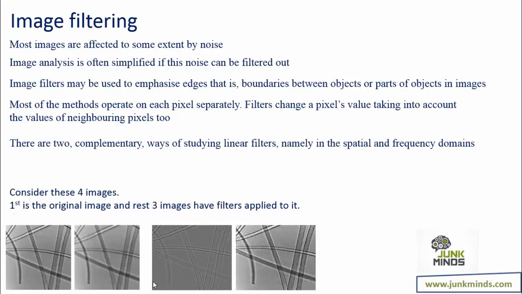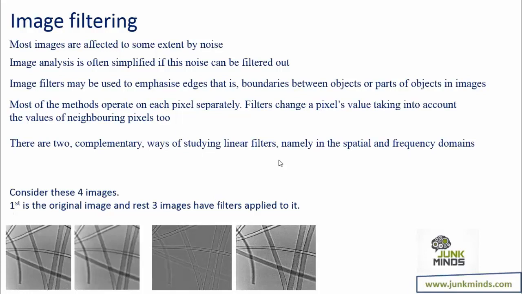This is why image filtering is done. Image filtering emphasizes the edges, removes all the noise and the impurities, and makes the image more clear and better in quality. Most of these methods operate on each pixel separately. What filters do is that they take a pixel's value and compare it with the neighboring pixels and make them better basically.